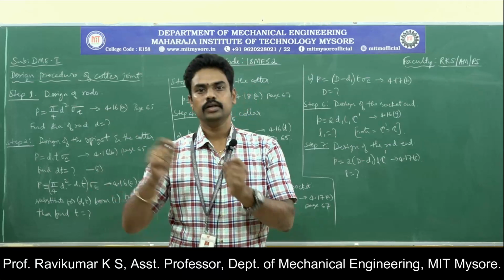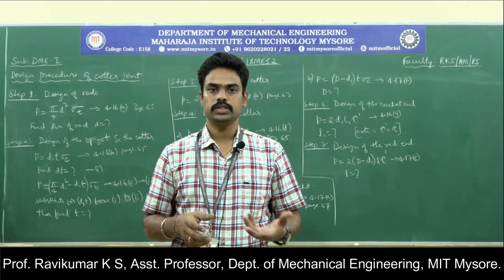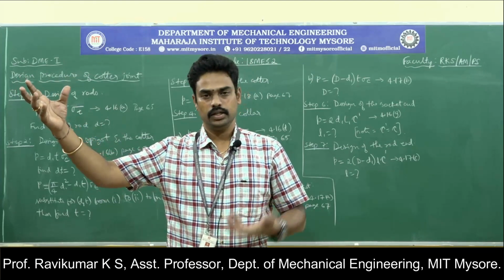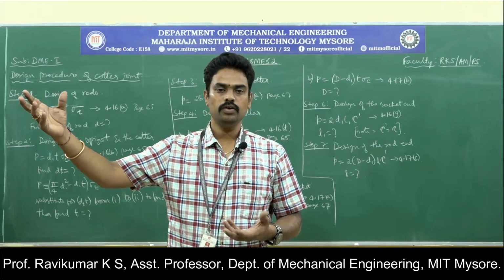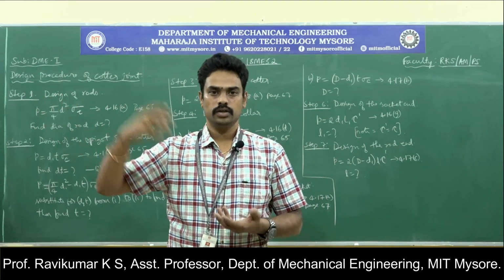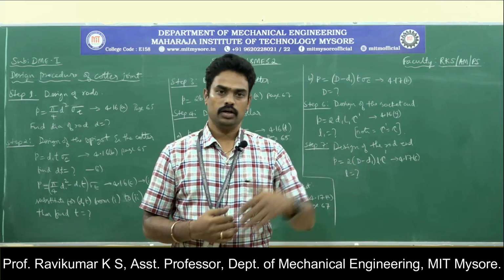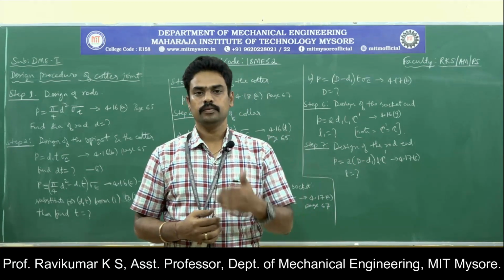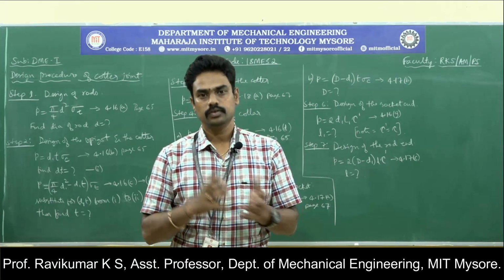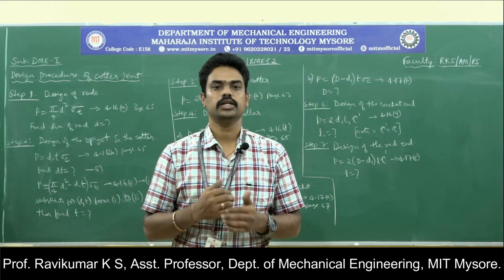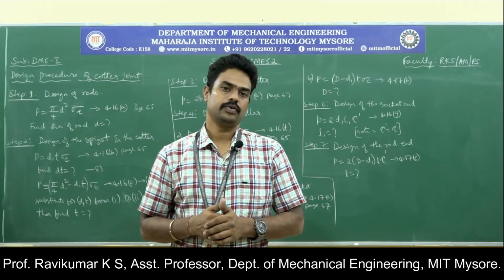If the developed stress is more than the given stress, then the member is going to fail. If the developed stress is well within the stress given in the problem for the material, then the design will be a safer one.